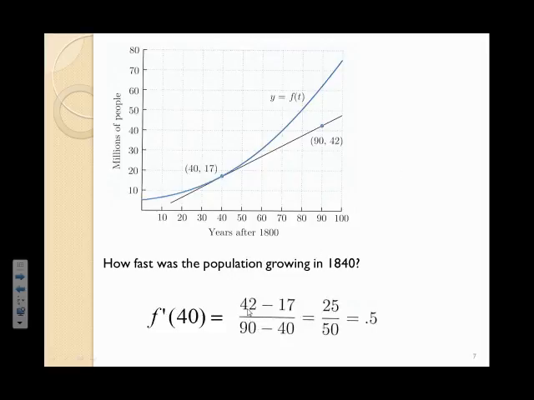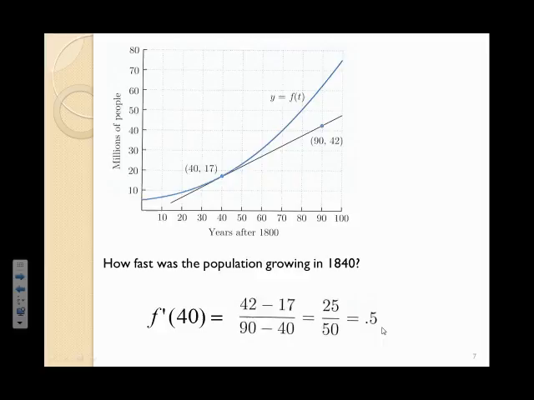So y sub 2 would be 42, or f of b minus f of a, or y sub 2 minus y sub 1, over b minus a, or x sub 2 minus x sub 1. So again, this is going to be 0.5, and again, how fast was it growing? Well, that's going to be 0.5 million people per year.